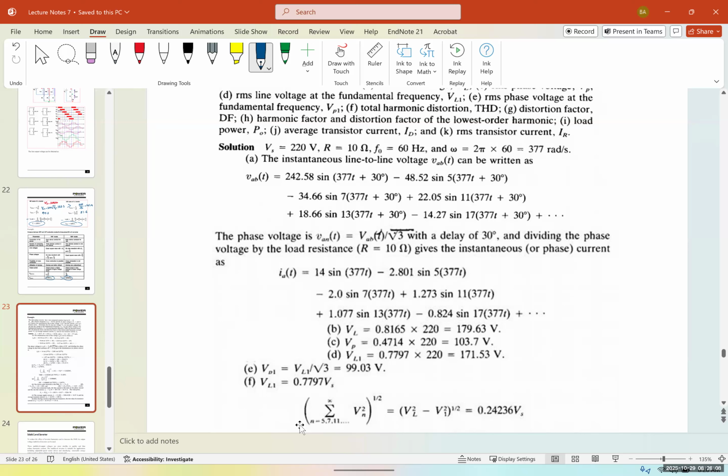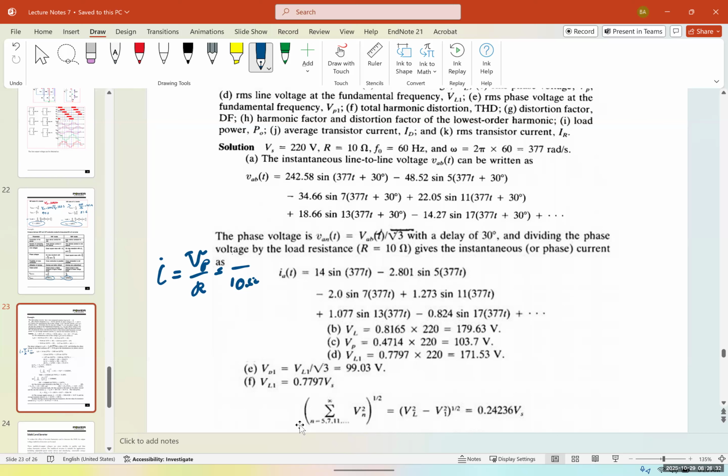So it's going to be the same, divided. If I want to find the voltage of the phase, it's going to be the amplitude divided by square root of 3, minus the phase. Now, you can use Ohm's law: I is equal to V over R, and we know that R is 10 ohms.